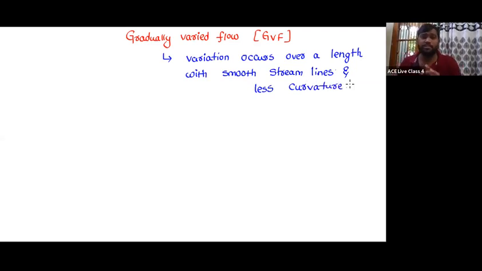Okay, so the variation happens over a length with smooth streamlines and less curvature, my dear.